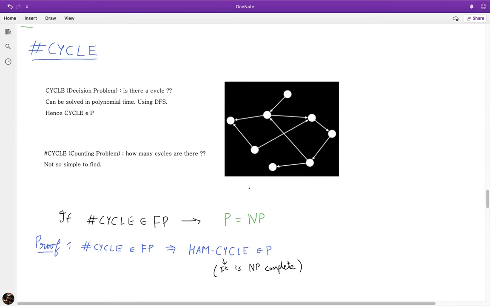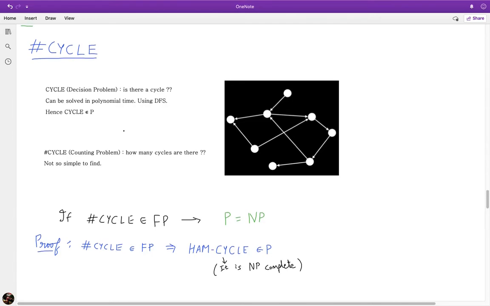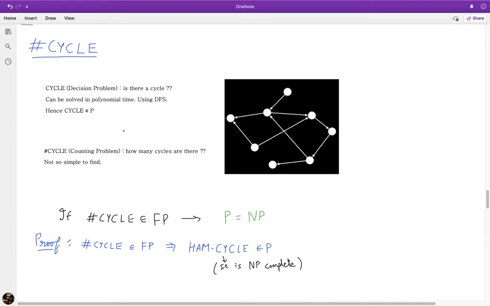So now we move on to another problem, which is HashCycle. The cycle problem is a decision problem which is concerned with, given a graph, finding if there exists a cycle in the graph.